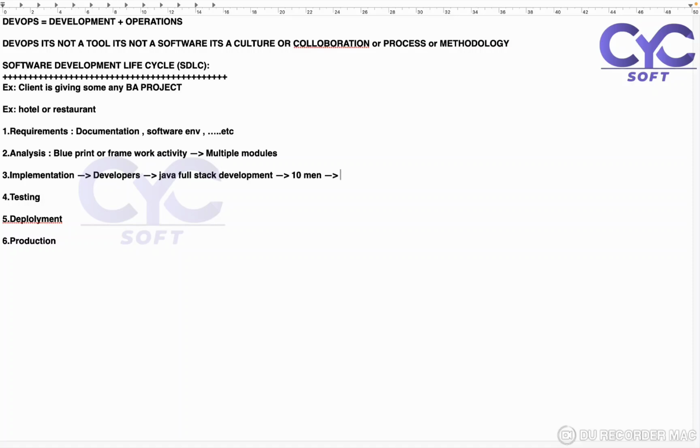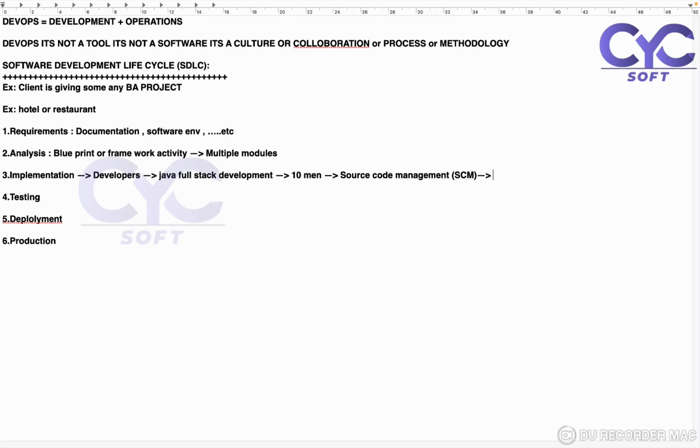Okay, so this implementation will be done under source code management. I can call this one as SCM. And one thing you have to remember: once the source code management is complete, we go with maintenance.